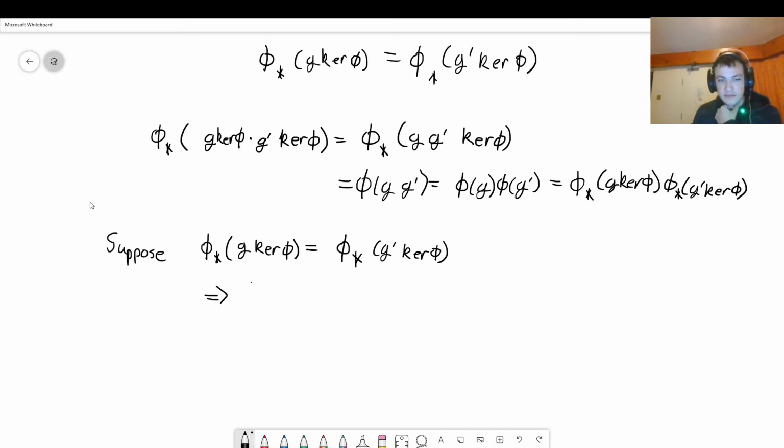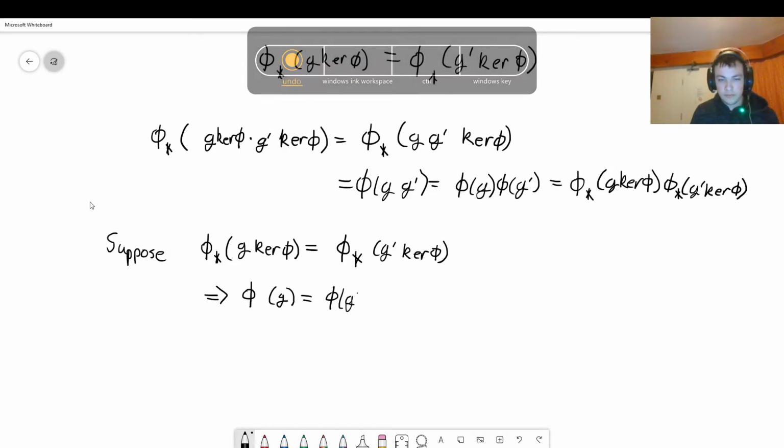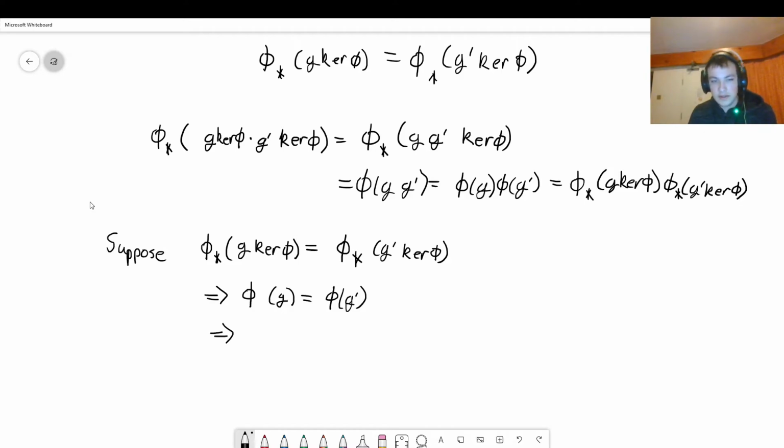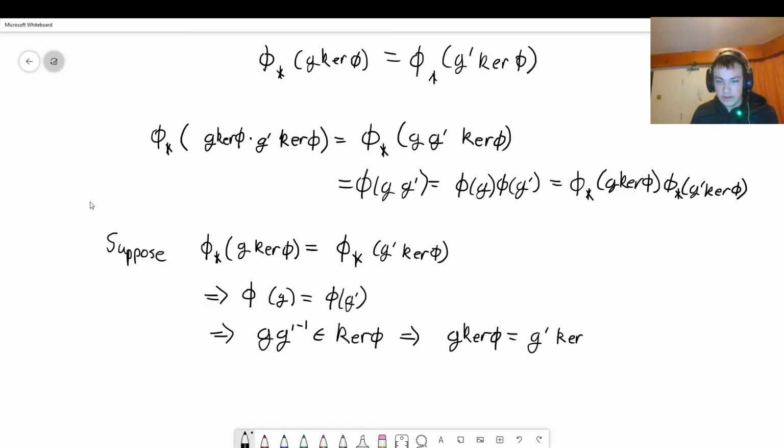This means that phi of g is equal to phi of g prime, which implies that, of course, g prime inverse g belongs to the kernel of phi, and therefore we have that g ker phi is equal to g prime ker phi. So phi star is injective.